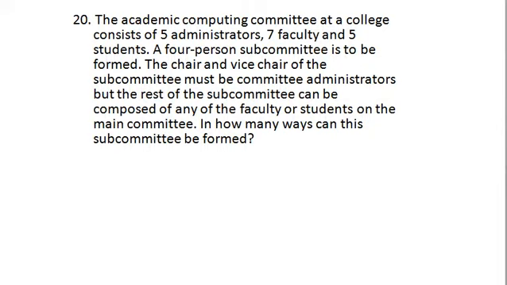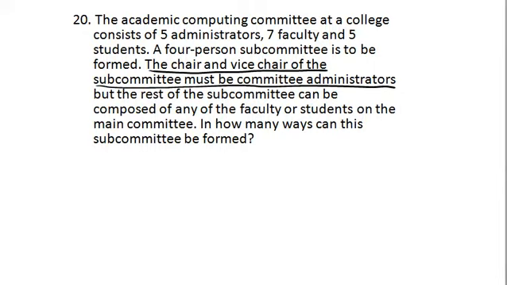So this committee is broken into 2 pieces. So one piece, order matters. In other words, choosing the chair first and the vice chair second. If you choose the first person and they're going to be chair and the second person will be vice chair, that's different if you chose them in a different order. So in that case, order matters. Well, if order matters, it's going to be a permutation.